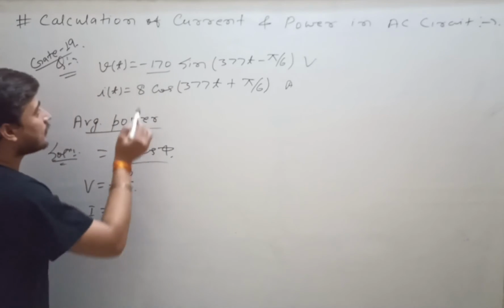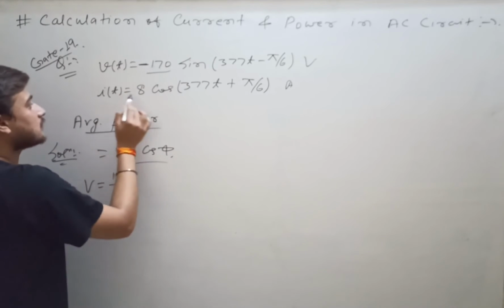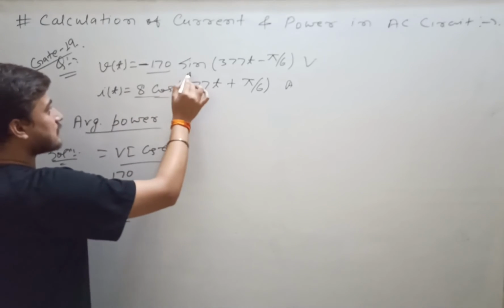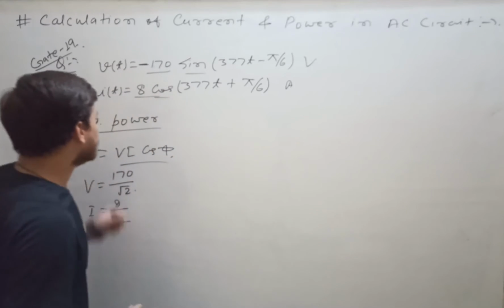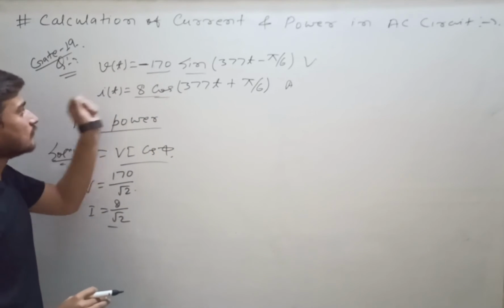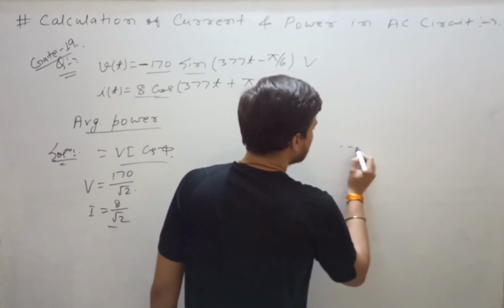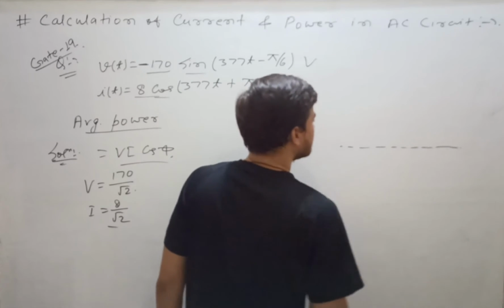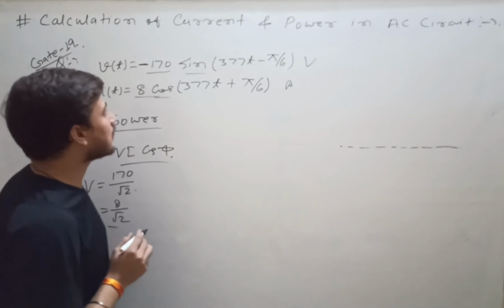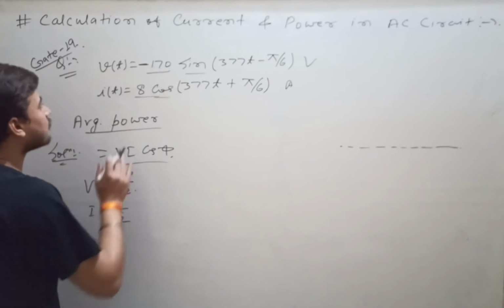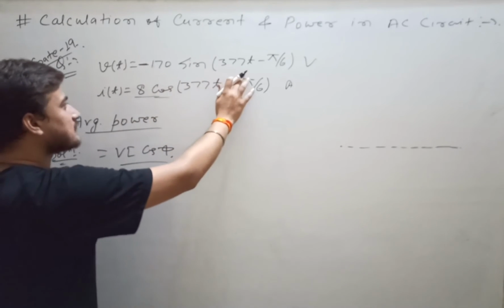Remember one more thing, here it is minus 170 and here it is 8 cos 377t, here it is sine. So let's start with voltage. First let us draw the waveform; this is the 0, that means the horizontal axis as reference. First forget about the minus sign, it is sine 377t minus pi by 6.